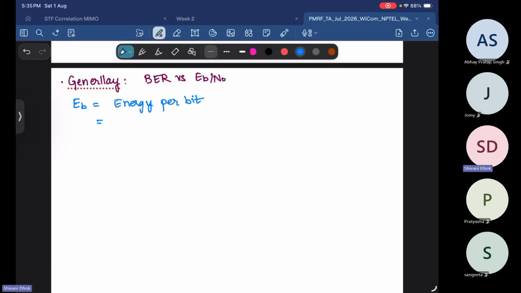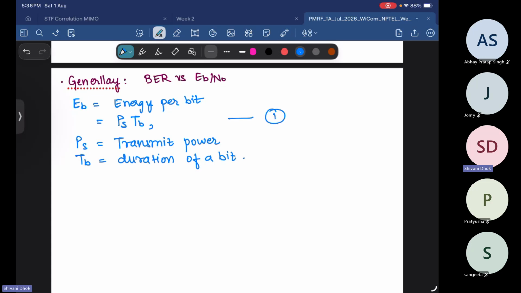So the energy per bit will be equal to the transmit power, let's say Ps, into Tb, where Ps is the transmit power and Tb is the duration of a bit. Okay, so this is what we have for your Eb.